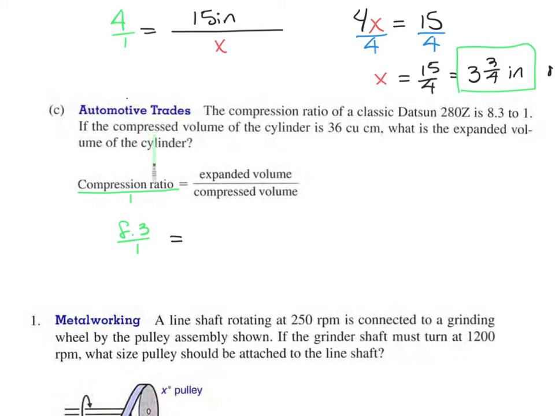They tell us the compressed volume of the cylinder. So the compressed volume is the 36. So that's going to go right here. So my compressed volume is going to be the 36 cubic centimeters. What we're being asked to find is the expanded volume. So like I did before, where I multiplied both sides by X, I'm going to multiply both sides by 36.